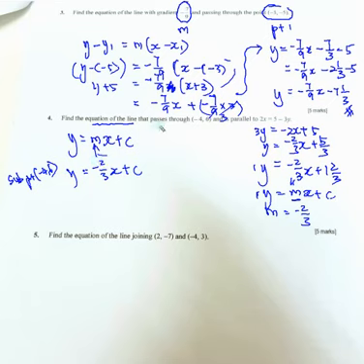So y is 6, equals minus 2 over 3 times x, which is minus 4, plus c. So minus times minus becomes plus, and 2 times 4 becomes 8 over 3, plus c.